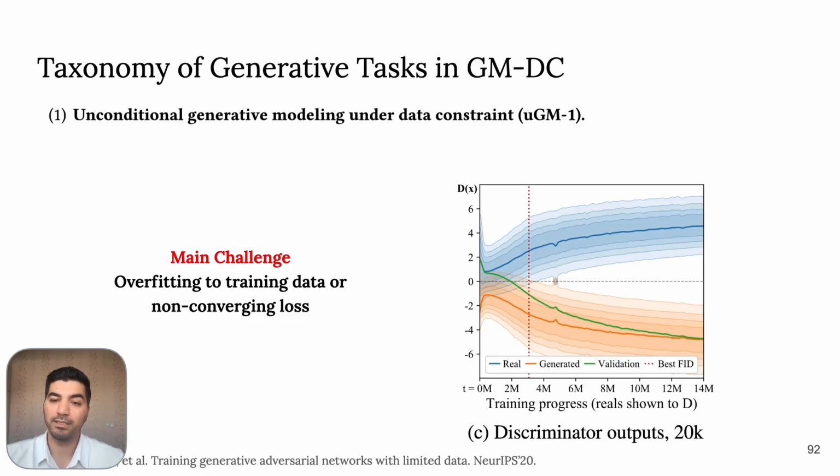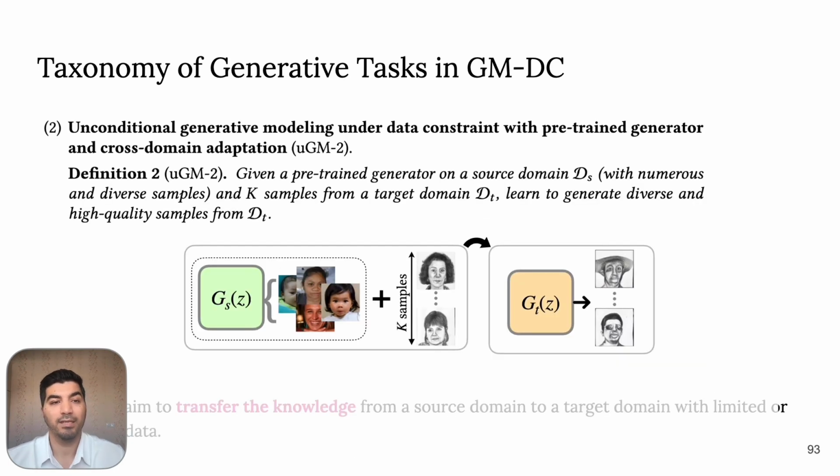For example, in this plot, the blue line shows the score of discriminator for real images, and orange line shows the score of the discriminator for fake images. As you can see, when training goes on, the discriminator becomes more and more confident about real images and kind of overfits to them.